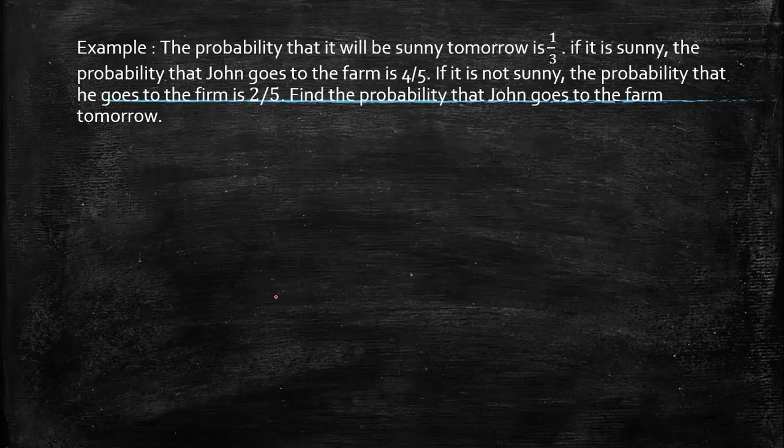If it is not sunny, the probability that he goes to the farm is 2 out of 5. So we find the probability that John goes to the farm tomorrow.